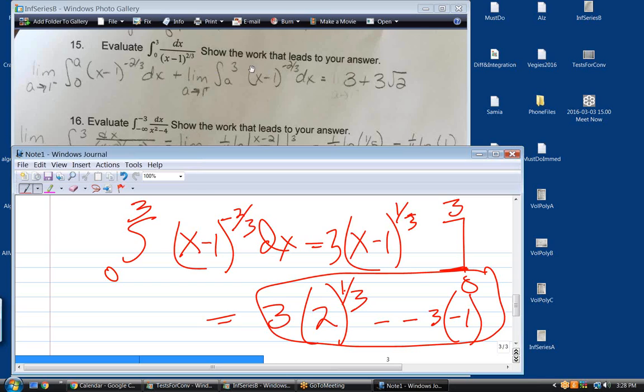And then the second one, she's going from 1, approaching from the right, to 3. And that covers the full domain from 0 to 3 without crossing the point where it's not defined. You can't actually integrate straight across there. I don't think it makes any difference to the answer.